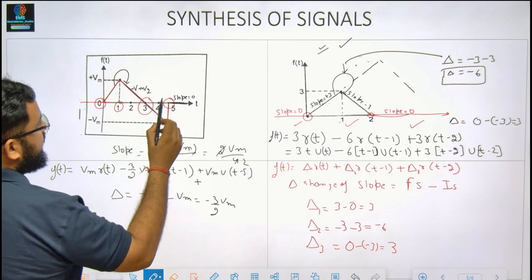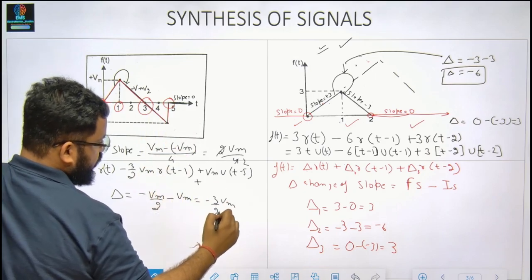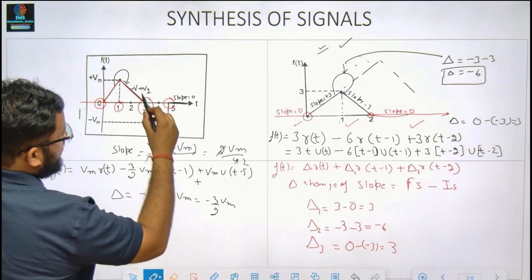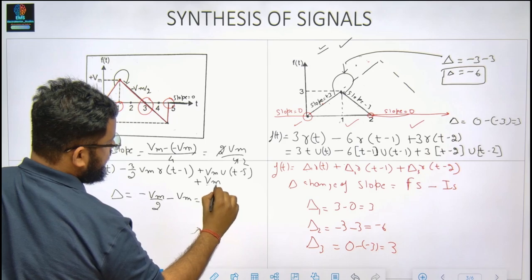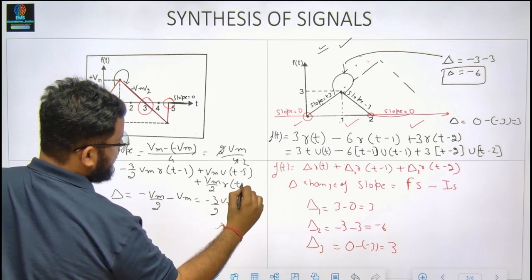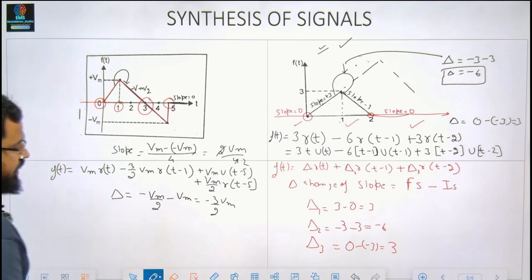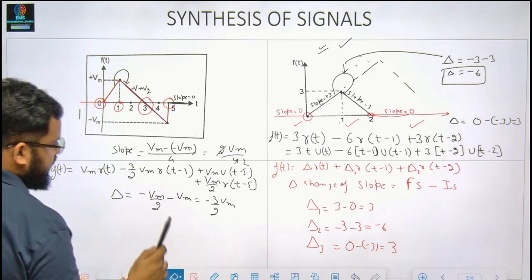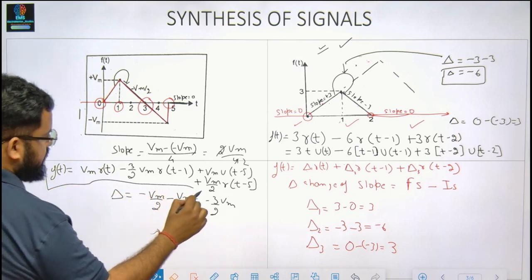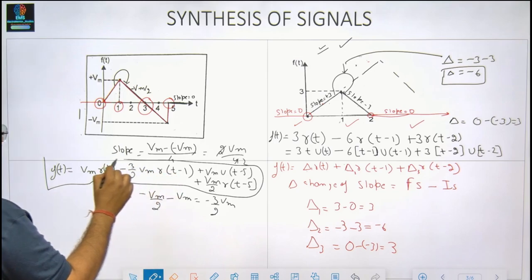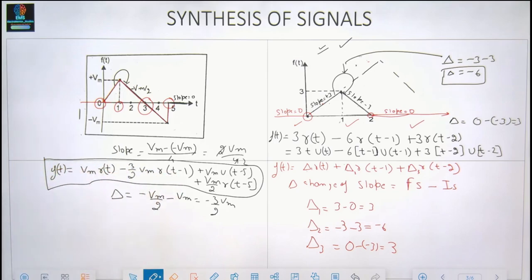That term will be: what was the slope over here? Vm by 2, minus Vm by 2. The final slope is 0. It would be Vm by 2 r(t minus 5). Observe it carefully, my friends. This is a point of observation. If you want, we can say it once again.